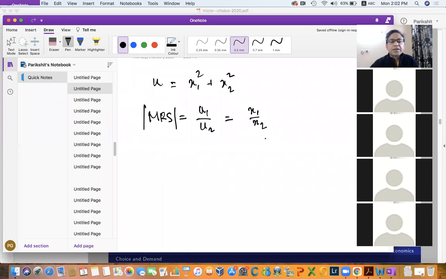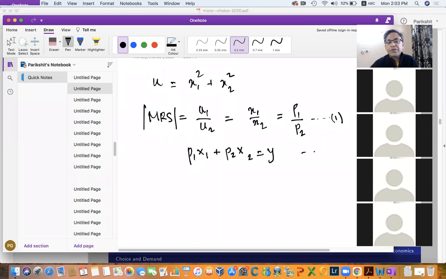Now, I may be tempted to say, all right, this consumer will set this marginal rate of substitution equal to the price ratio. That's the optimality condition. That's one equation. I have to combine that with my budget line or budget constraint equation.